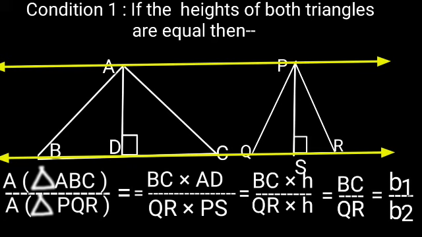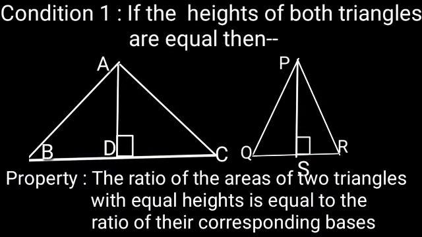Area of triangle ABC upon area of triangle PQR is equal to B1 upon B2. So the property is: the ratio of the areas of two triangles with equal heights is equal to the ratio of their corresponding bases.